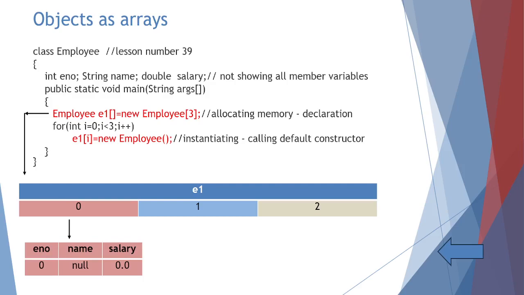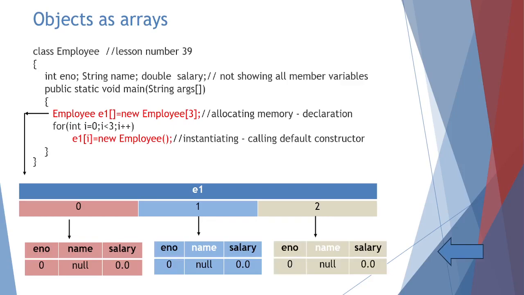See, there is a link from e of 0 to the newly created object. Then i plus plus, i becomes 1. e of 1 is equal to new employee. Immediately, a new object is created and there is a link from e of 1. Then again, i plus plus, e of 2, so another object is created.